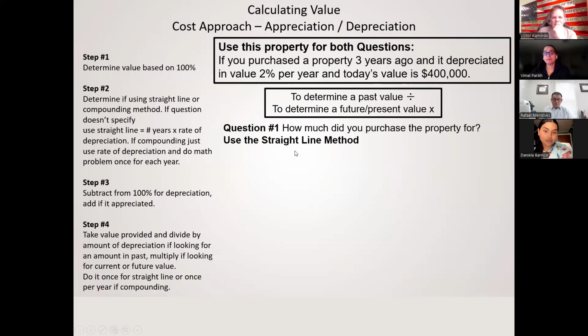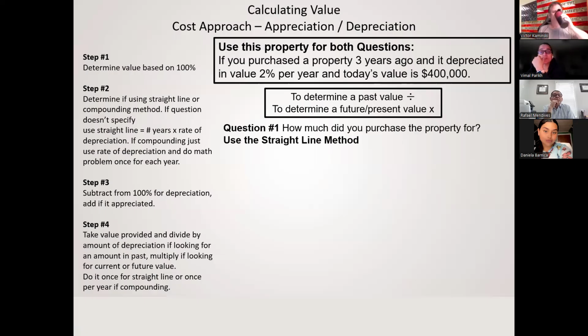So, are we trying to figure out the current value or the past value of the property? Read the problem again.